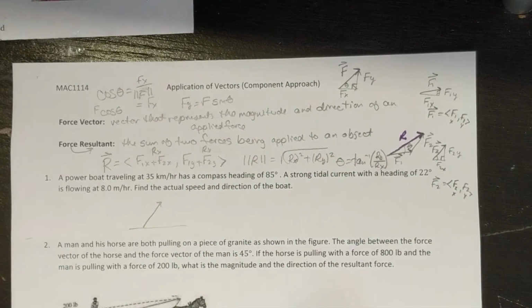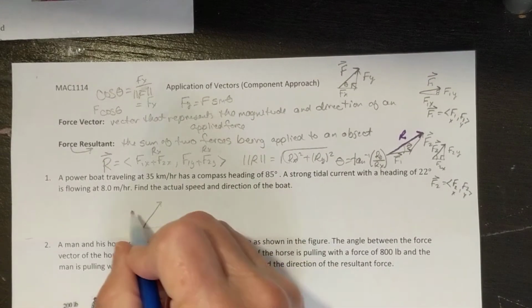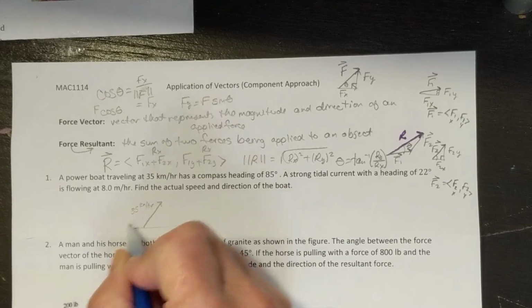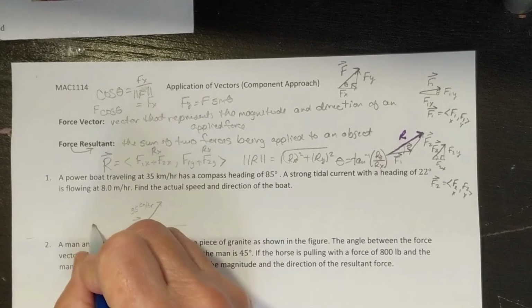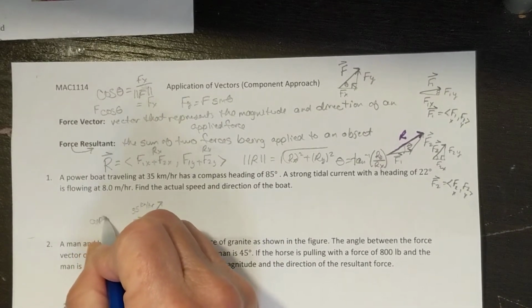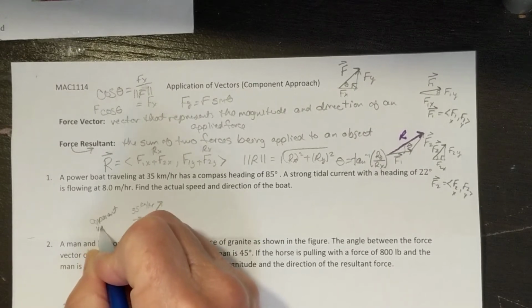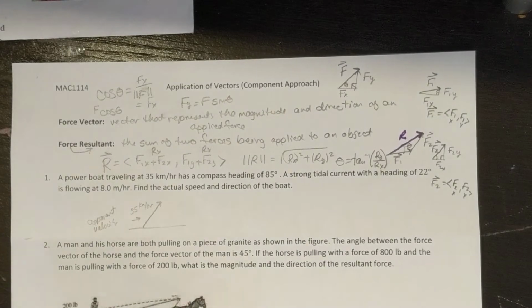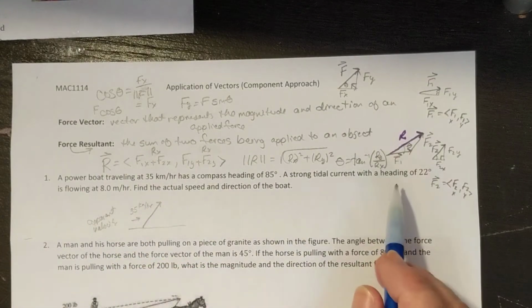He's traveling at 35 kilometers per hour, and this is called the boat's apparent velocity. All right, but there's a strong current, and the current is headed 22 degrees.